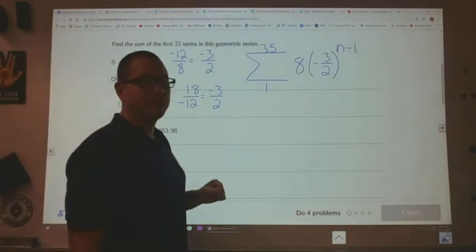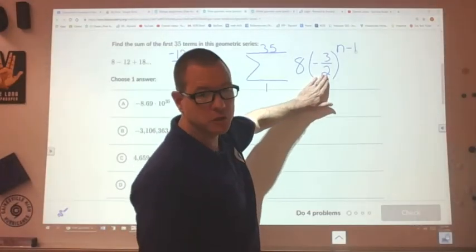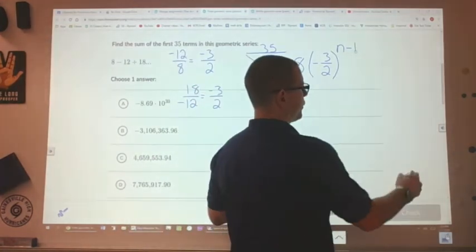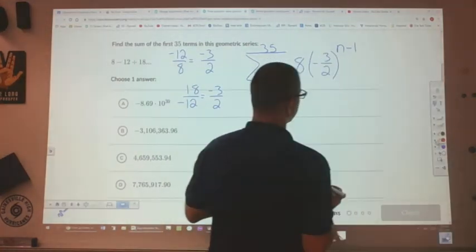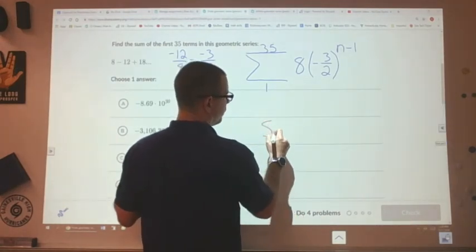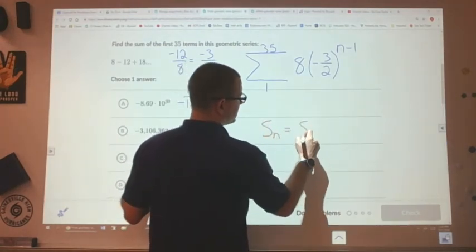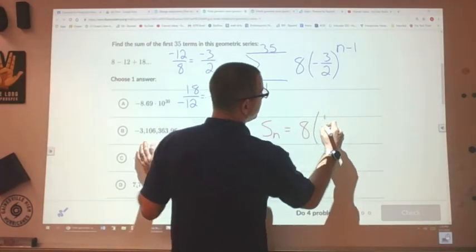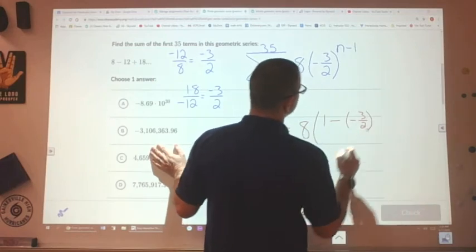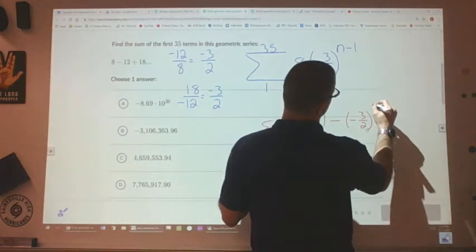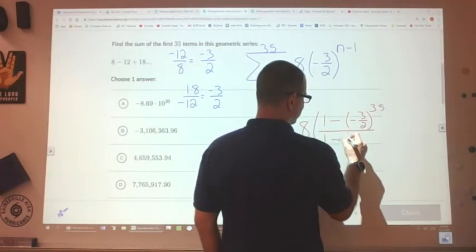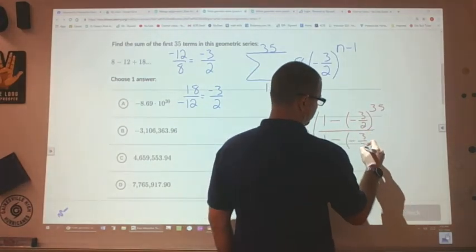And although that fraction may not be something we look forward to working with, it is something we can work with in our formula. So that's exactly what we're going to do here. Our formula would be 8 times 1 minus negative 3 halves to the 35th power over 1 minus negative 3 halves.